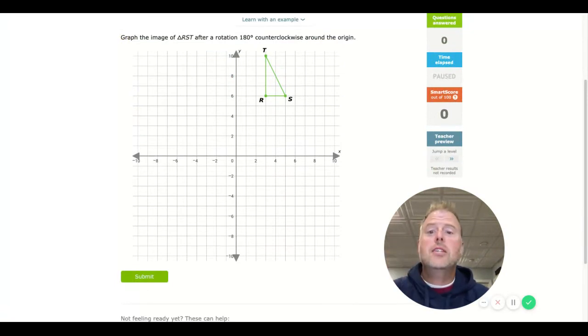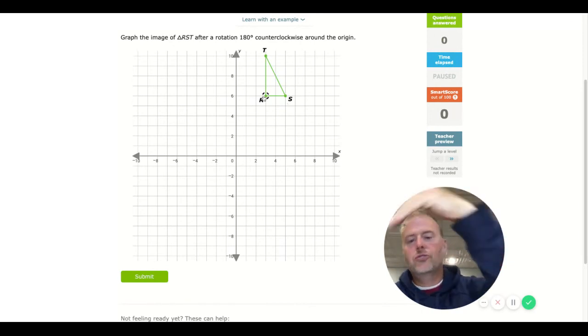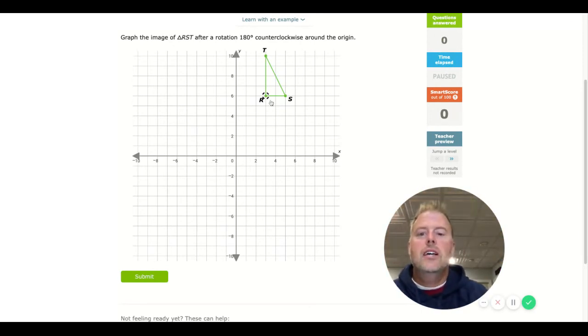Now we want to graph the image of RST after a rotation of 180. So 180, this triangle isn't going to just move over here, it's going to move all the way down to here. And now we're going to kind of almost flip it over the other direction. Again, we picture a box here with the R at the 3, 6.